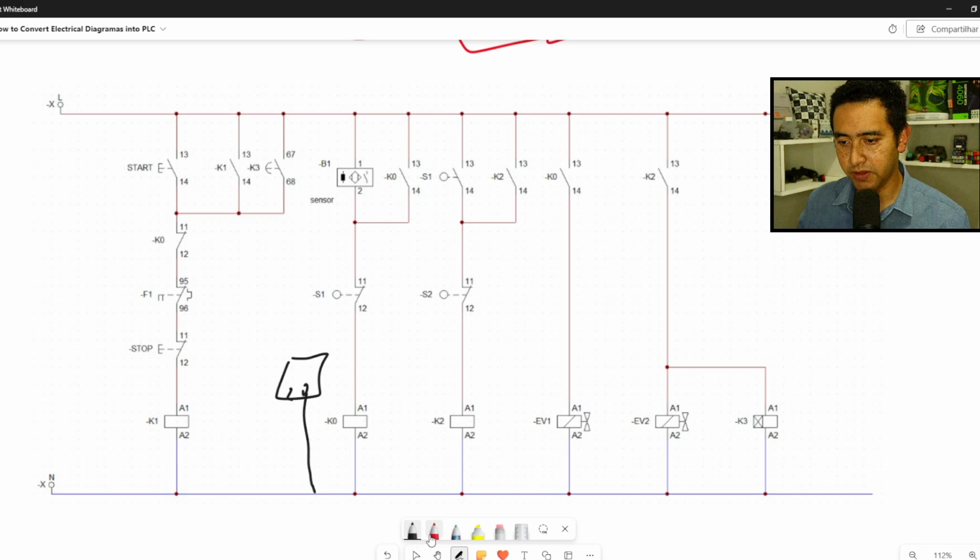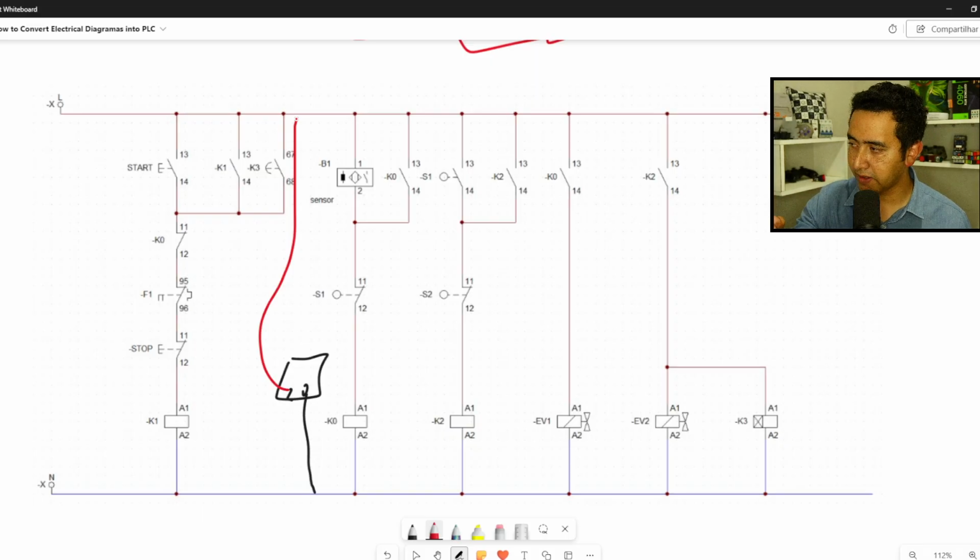Then I put one in neutral, and the other point I put here, and I will measure every line, every bar, every contact that we have here. This takes a long time to understand what's the problem that we have here.